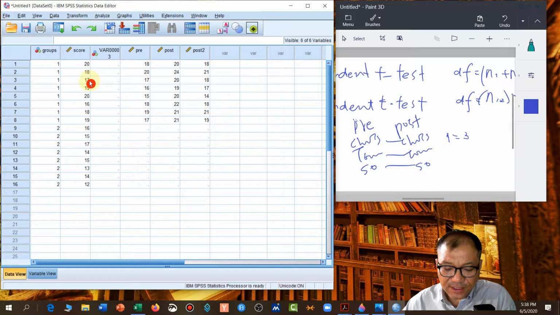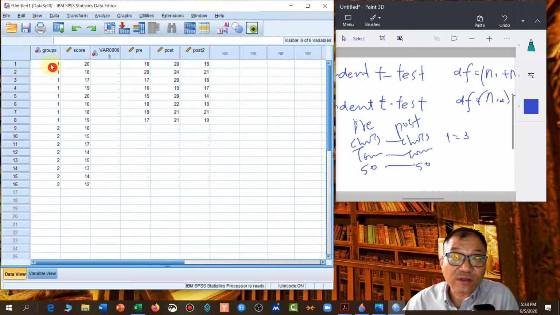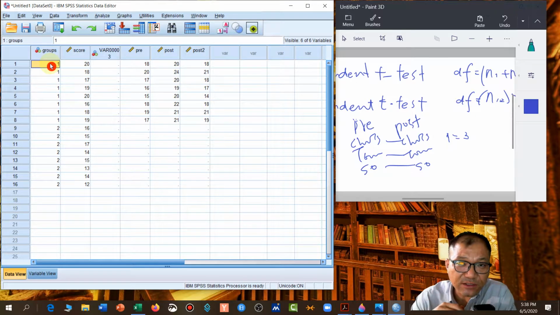Once you open SPSS, you can input all the numbers: 20, 18, 17, 19, 20, 16, 18, 19, 16, 18, 19. 8 cases for varsity.